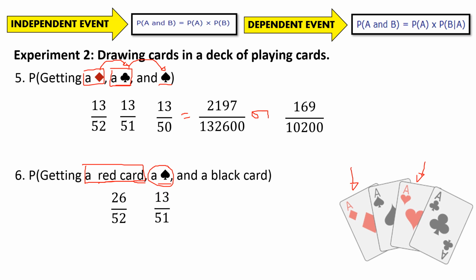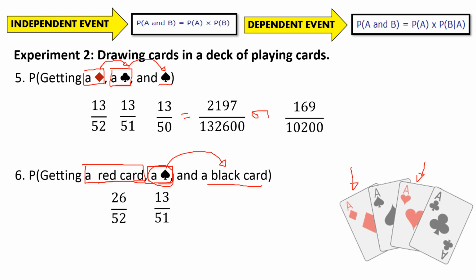So 13 over 51, since we have 13 pieces of spades. Before going to the third event, we will assume again that we managed to get a single spade. So the number of cards that we will have is just 50. Now, if we get a spade, will the number of black cards be affected?